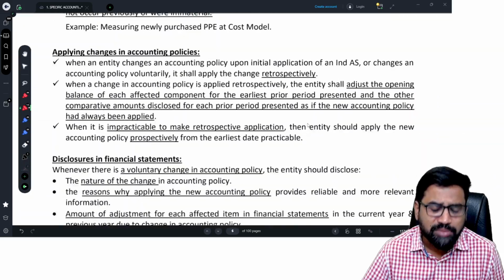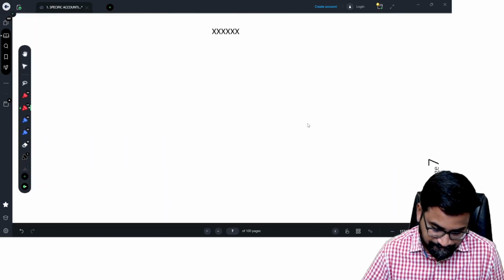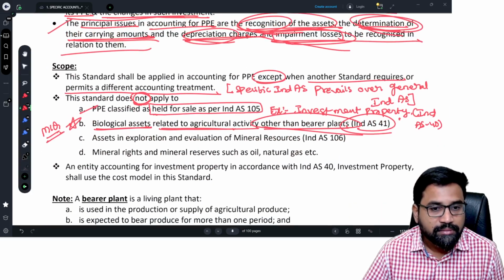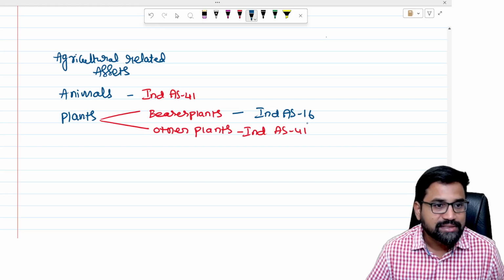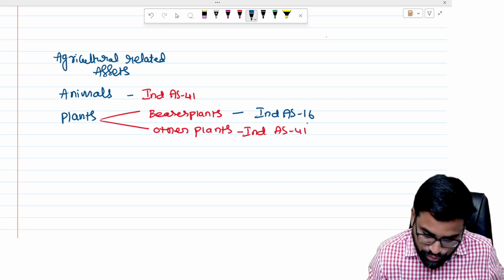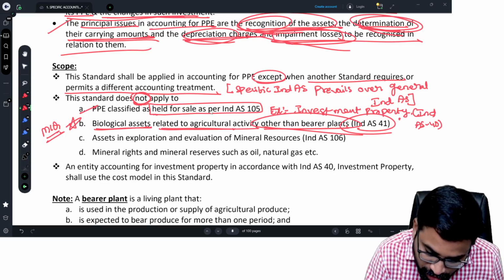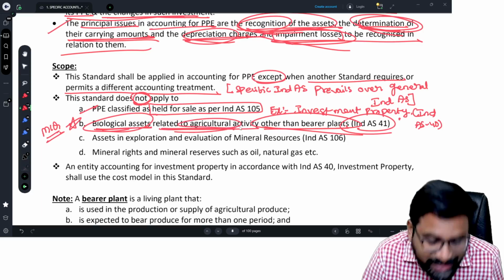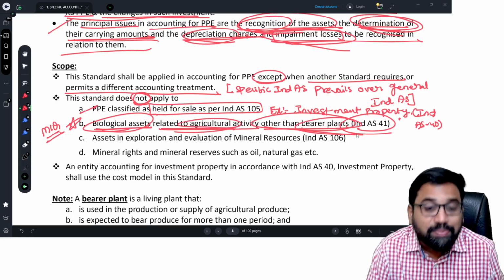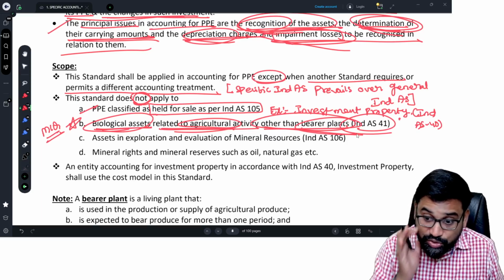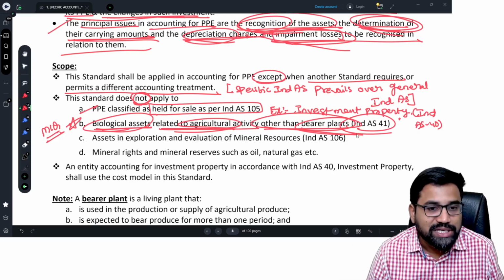IND AS 41 is applicable for agriculture related animals and plants other than bearer plants, because for bearer plants the applicable standard is IND AS 16. Now I need to discuss what is agriculture activity and what are bearer plants. I will discuss that once I complete this scope.